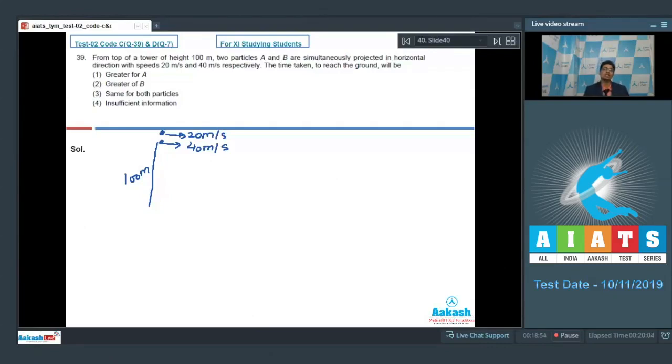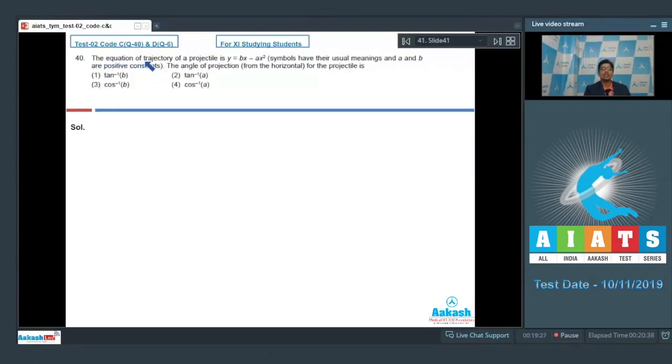Also, since the acceleration due to gravity is same for both the particles, the time taken in this case, which would be equal to under root of 2h by g, where h is the height of the tower and g is the acceleration due to gravity, it would be same for both the particles. And hence, the correct answer for this question is option number 3. Dear students, let us proceed to question number 40.